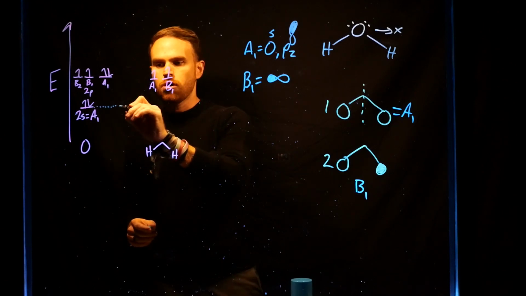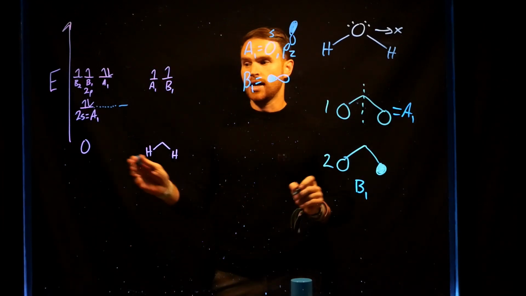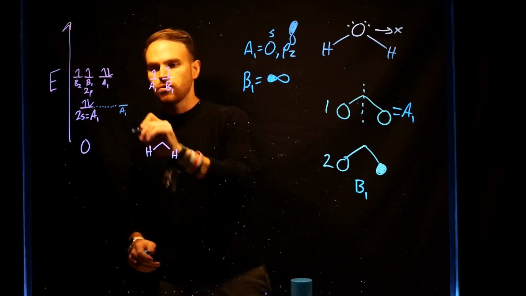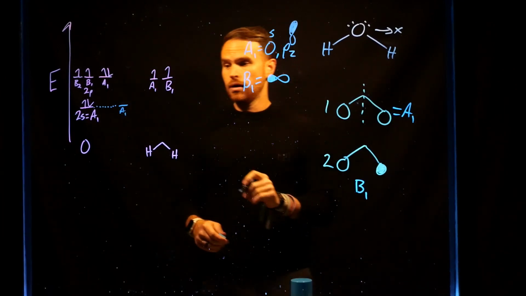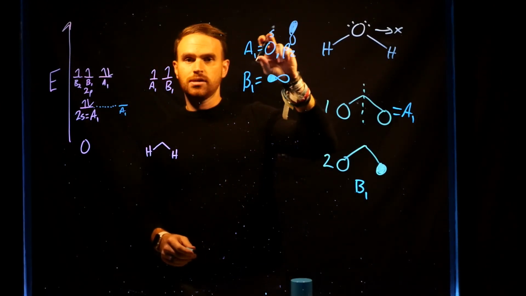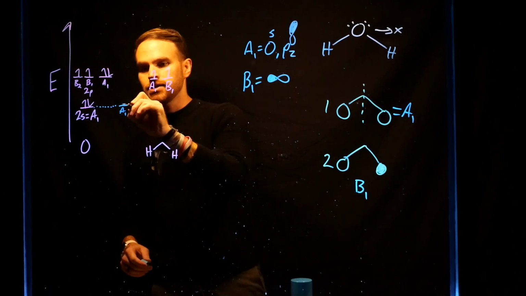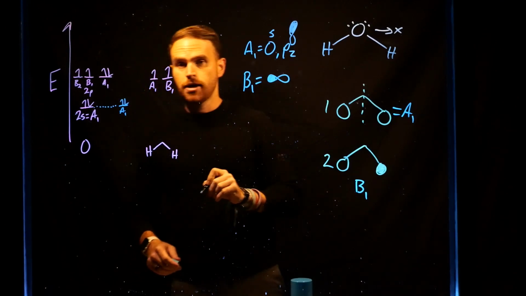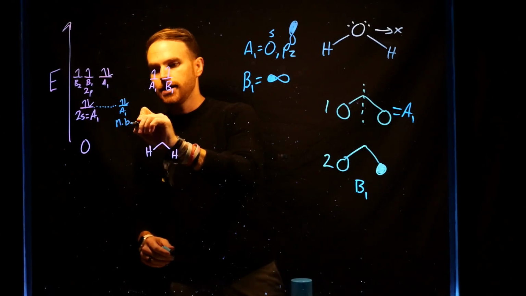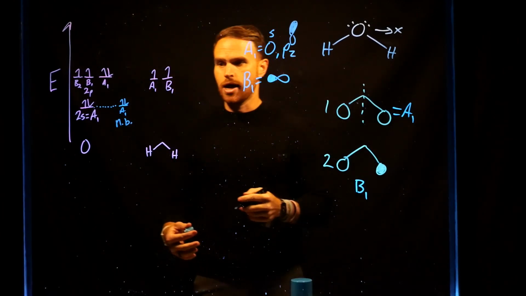So I'm just going to draw this straight over as a non-bonding interaction. And that is going to be also, we're going to call it the A1 irreducible representation because it corresponds to this s orbital. And I'm going to take both of those electrons and place them there. So that basically is a non-bonding interaction, NB.